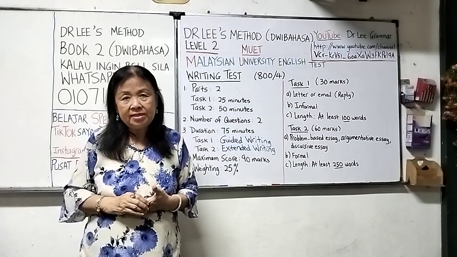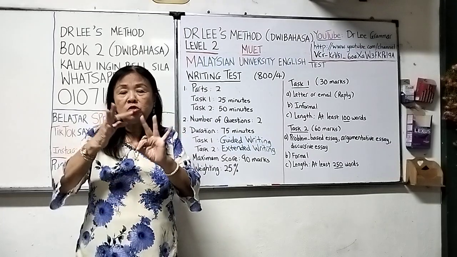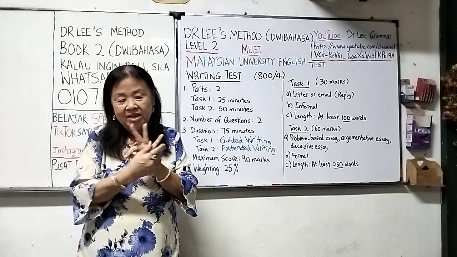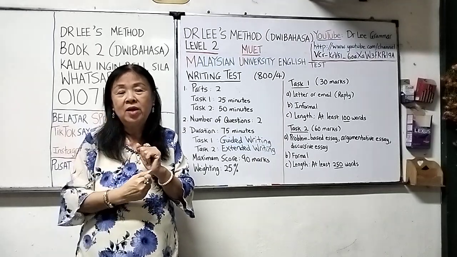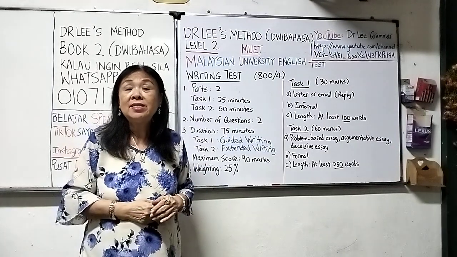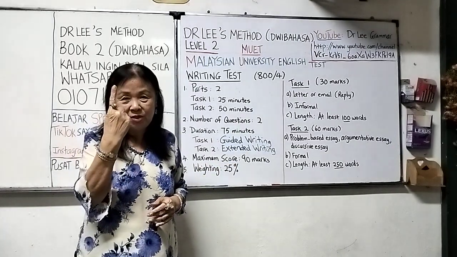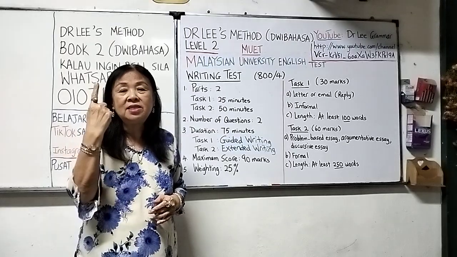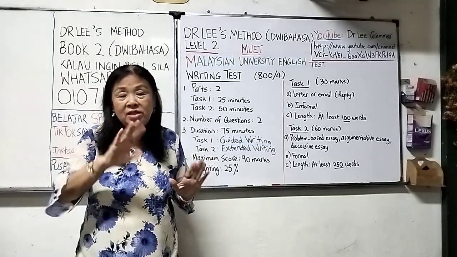The only difference is, in SPM extended writing, there are 3 questions. Choose 1. Number 3, number 4, number 5, choose 1. Whereas for MUET, you have only 1 question and you must answer the question. You have no choice. You cannot choose, I want this and I want that.